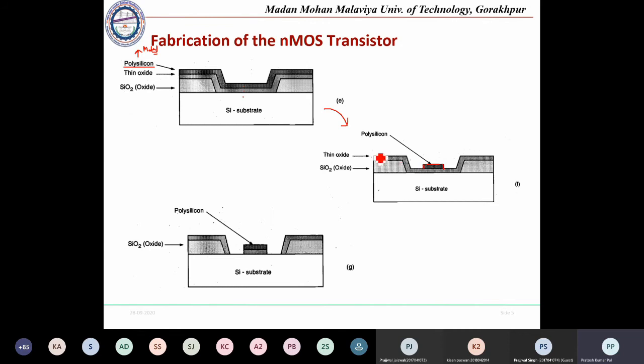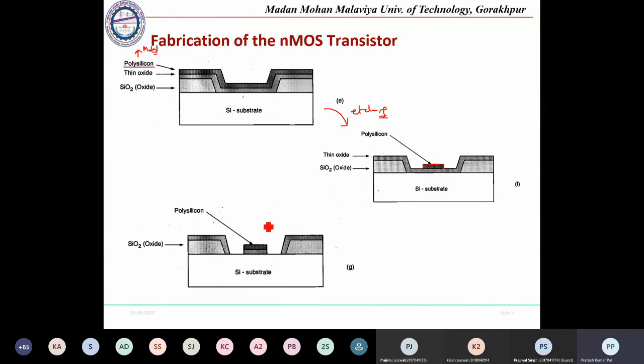All other polysilicon layers will be removed by using the process that is etching. Whenever we are removing any wastage of layer, that will be done by the etching. Also this oxide should be only in the gate region.